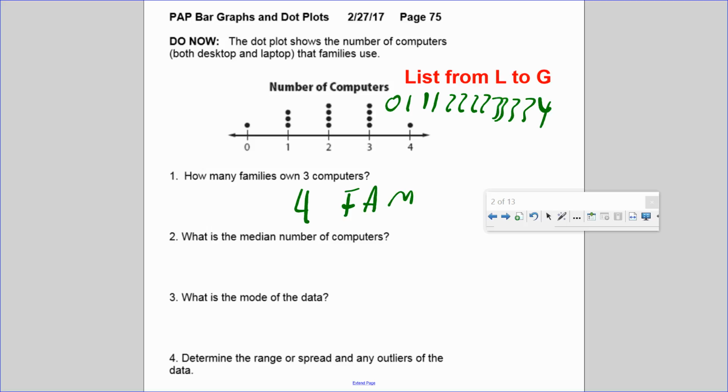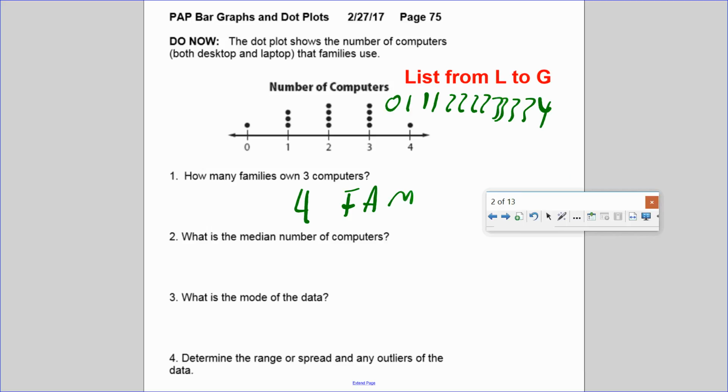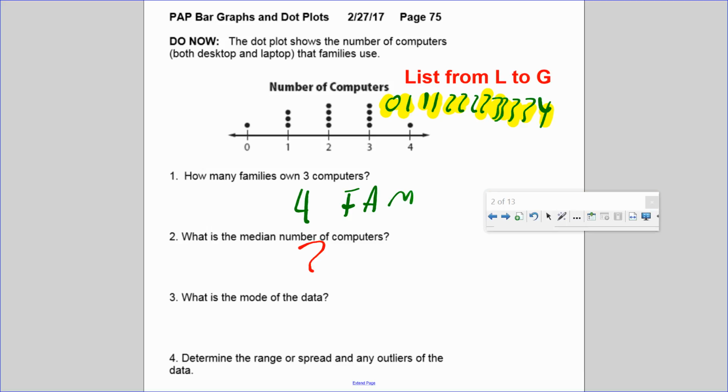What is the median number of computers? Let me use a highlighter. Median is the middle number when you put them from least to greatest. It is 2. What is the mode, or most repeated?